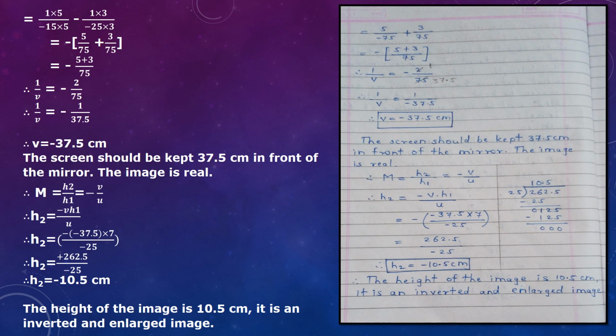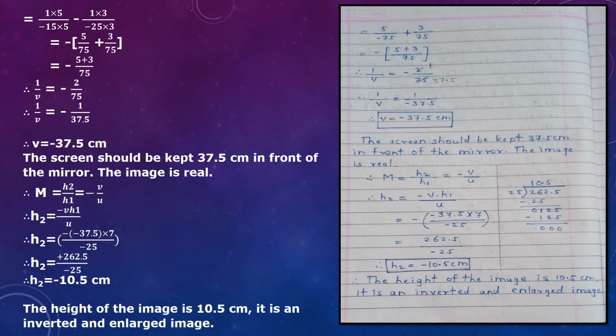So here h2 is equal to negative, and then negative 37.5 bracket complete into 7 upon negative 25. So therefore h2 is equal to positive, because negative here will become positive, 262.5 upon negative 25. So therefore h2 is equal to negative 10.5 centimeter.